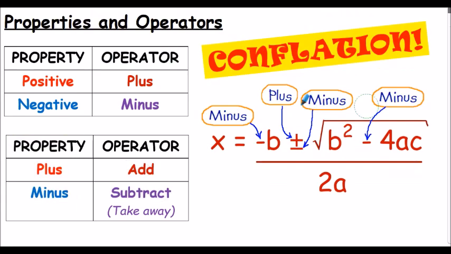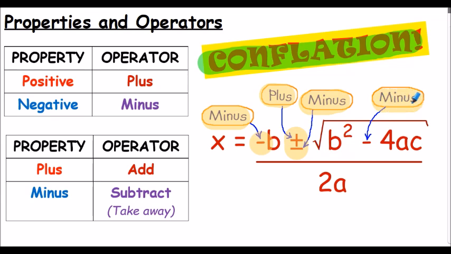Here again is an example of conflation by stating x is equal to minus b plus or minus the square root of b squared minus 4ac, all divided by 2a. We have conflation here because the first minus relates to the property, but the minus used here and here relates to operations. But I'm just trying to make you aware of my misuse of the terminology.